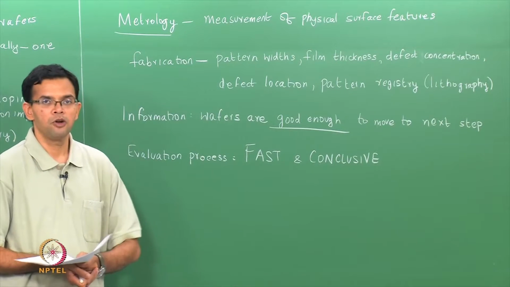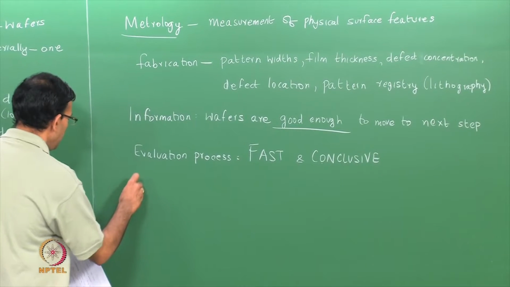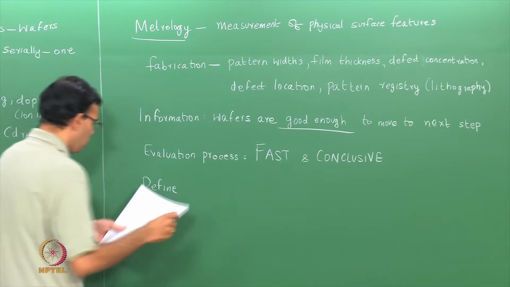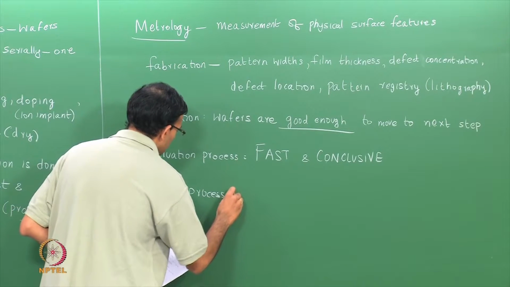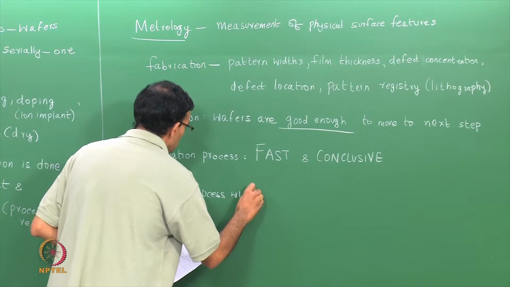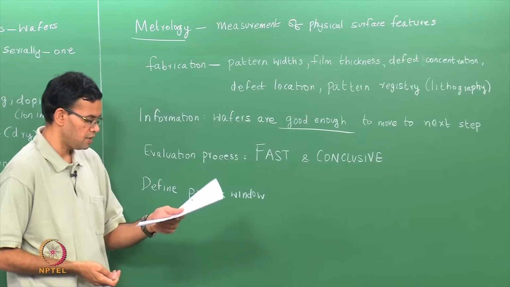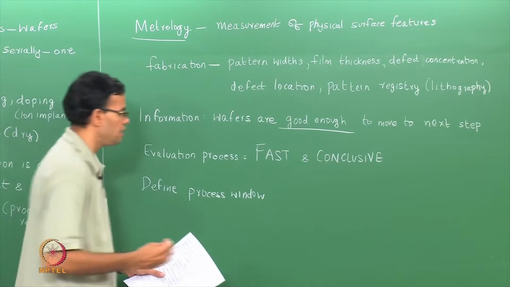So, based upon process and device evaluation, you usually define something called a process window. A process window defines the acceptable range of parameters for that particular process.